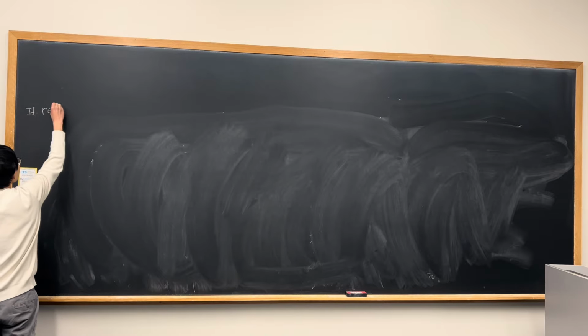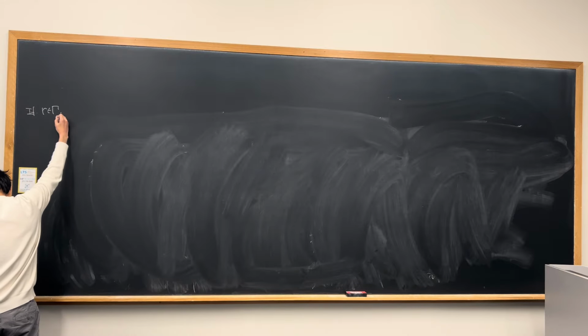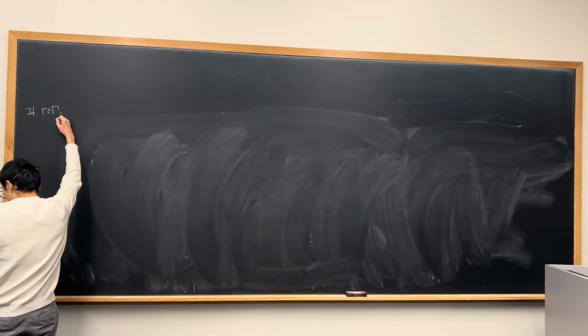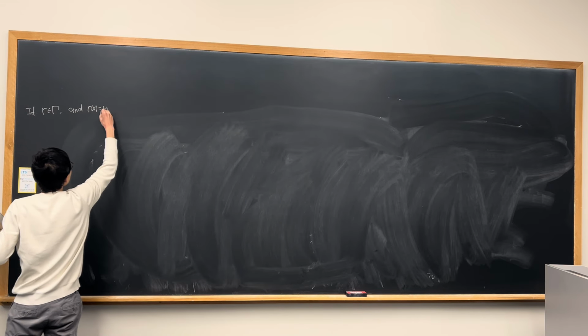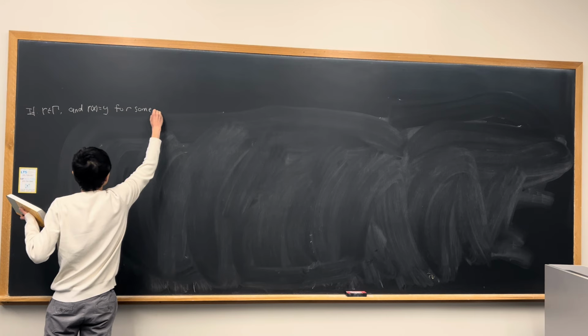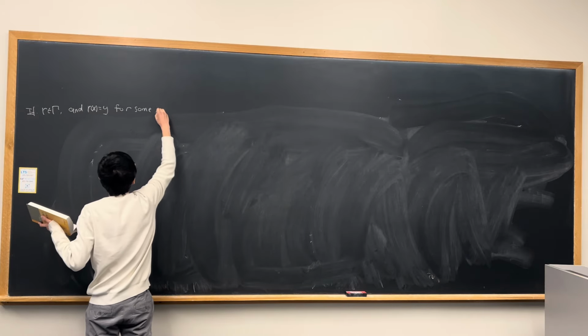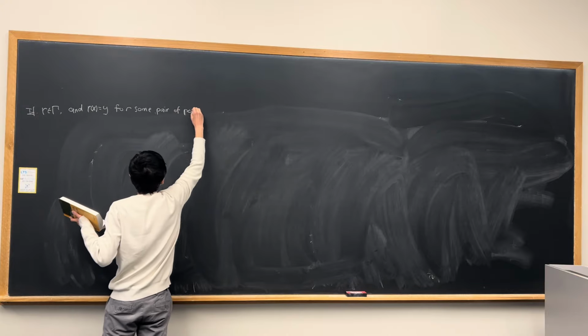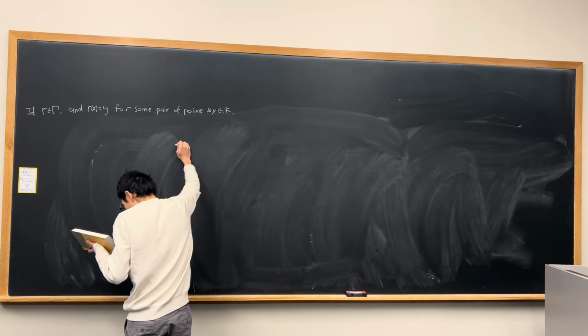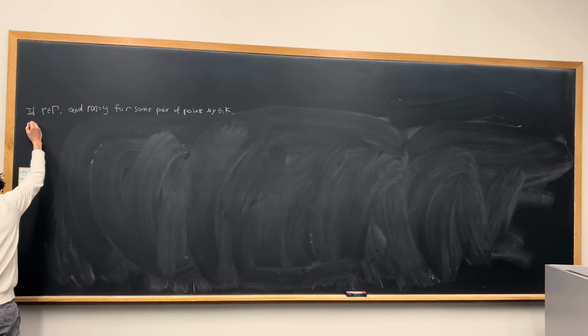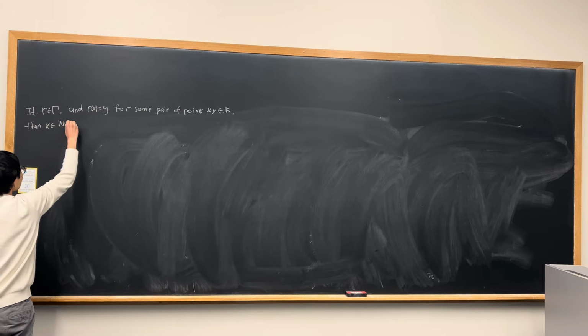If this small gamma is in the big gamma, and gamma x equals y for some pair of points x, y in this K, then you have x in W_{x_j}.